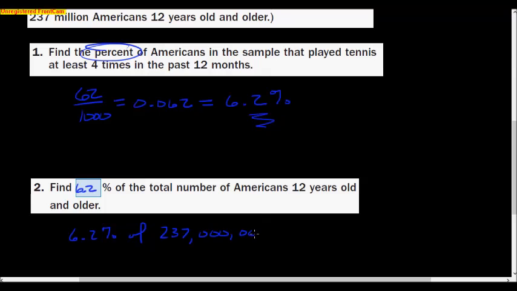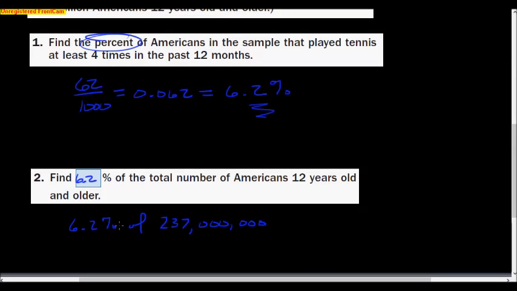That is a lot of zeros. Not my average salary. Whenever you take a percent of something, of in mathematics means you multiply. Alright, 237 million. And whenever you use a percent and you're doing some math on it, you have to turn it back to a decimal.